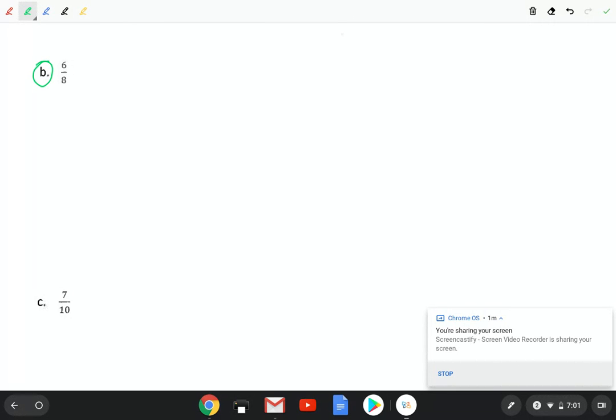The fraction that they are giving me is 6/8. So it is asking me to draw a tape diagram, and that's exactly what I am going to do. Now, this one tape diagram is going to represent one whole cake. So this is one whole.